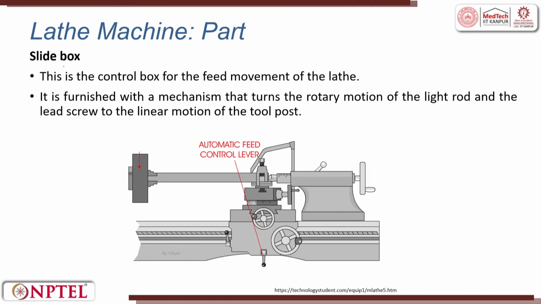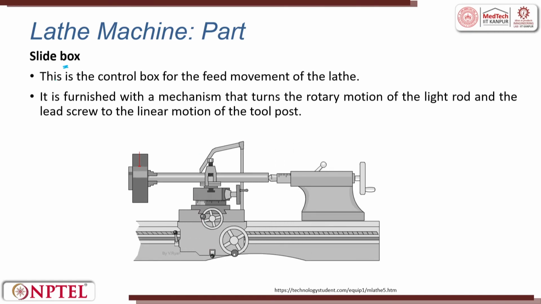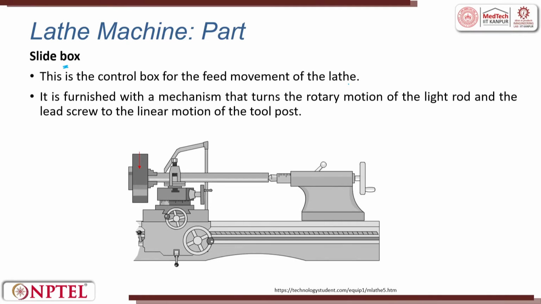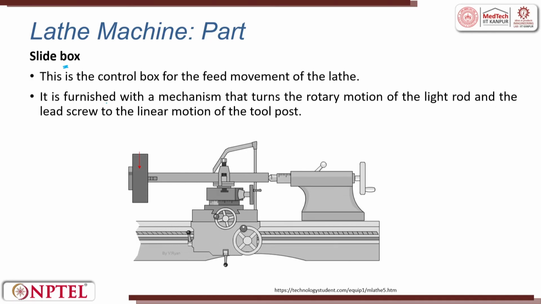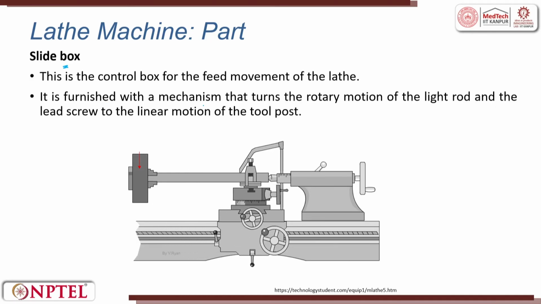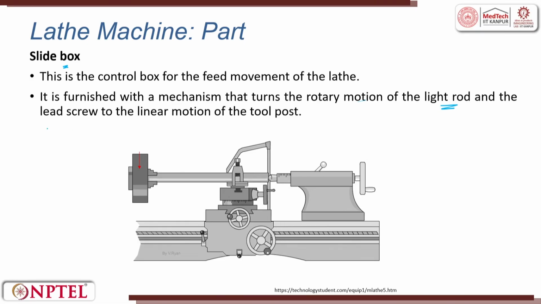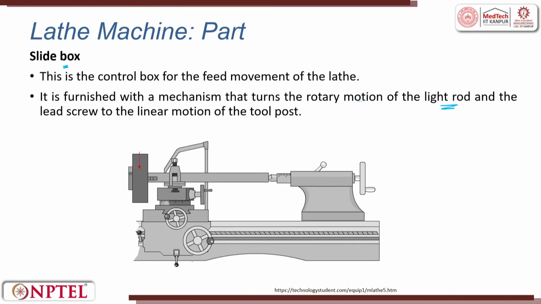Then you have the slide box. It is the control box for the feed movement of the lathe. It is furnished with a mechanism that turns the rotary motion of the feed rod and the lead screw into the linear motion of the tool post.